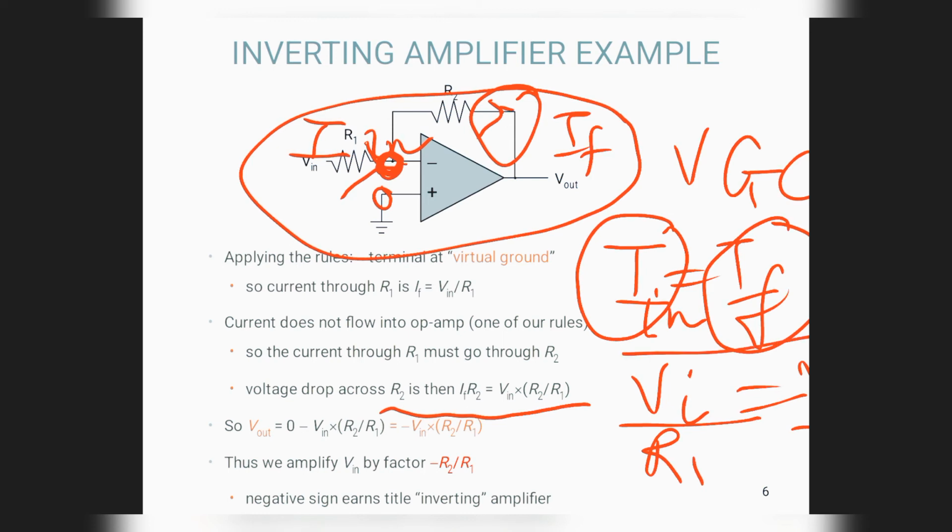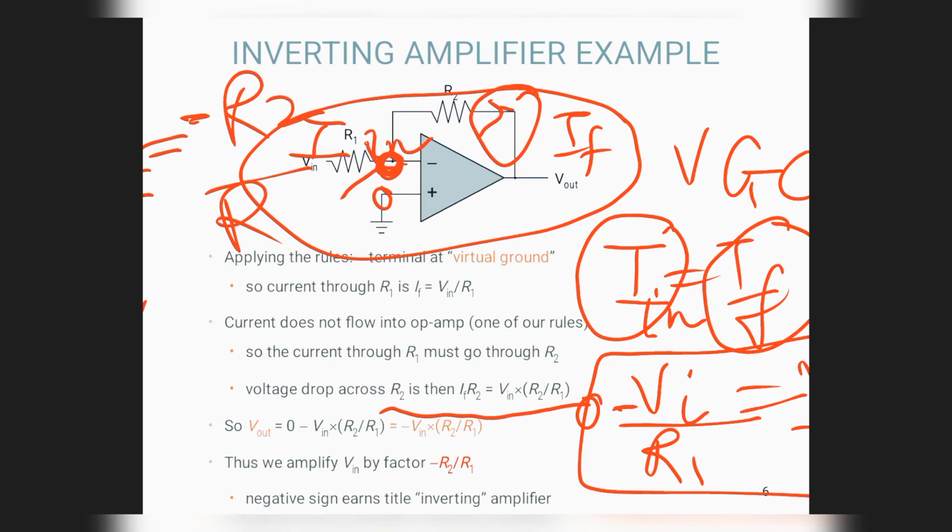So from this formula we can calculate that V naught upon Vi equals to minus R2 by R1. So the gain is given by minus R2 by R1.